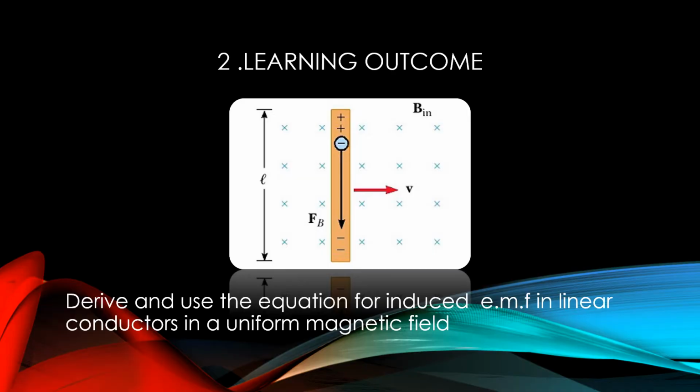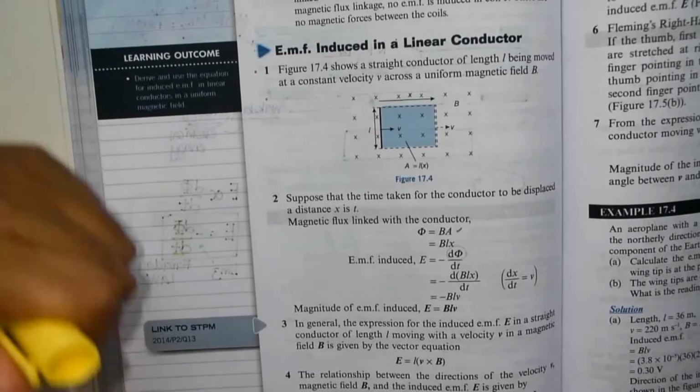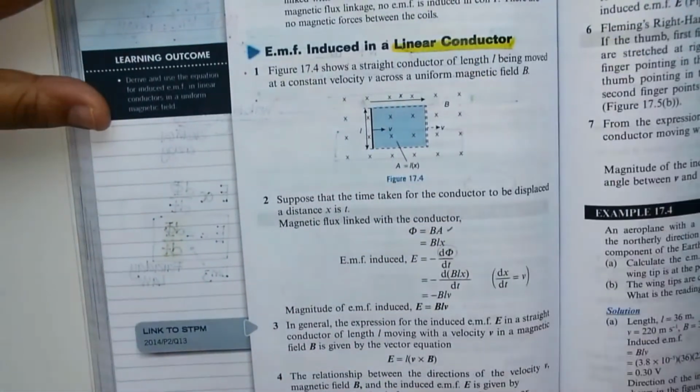Our second learning outcome for today's class is to find the EMF induced in a linear conductor. We need to derive and use the equation, and this is one of the examples of how to apply Faraday and Lenz's law.